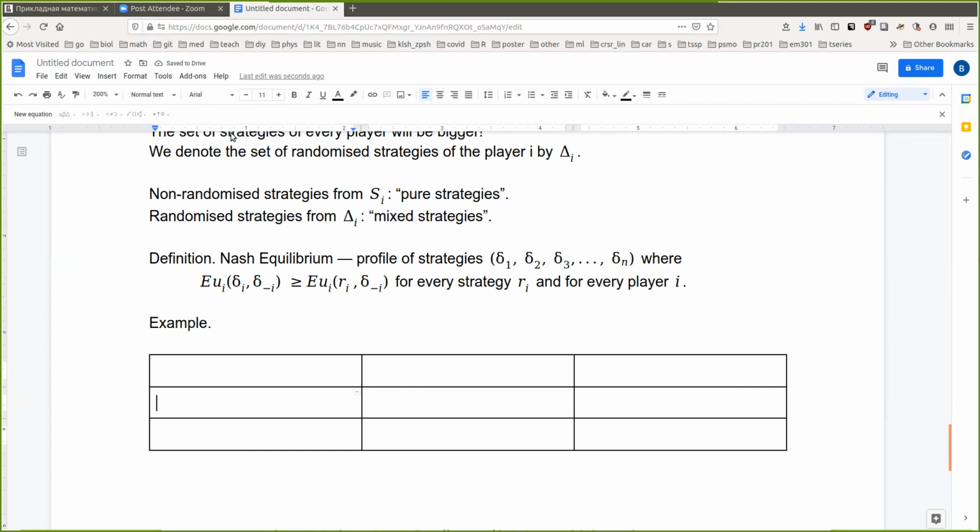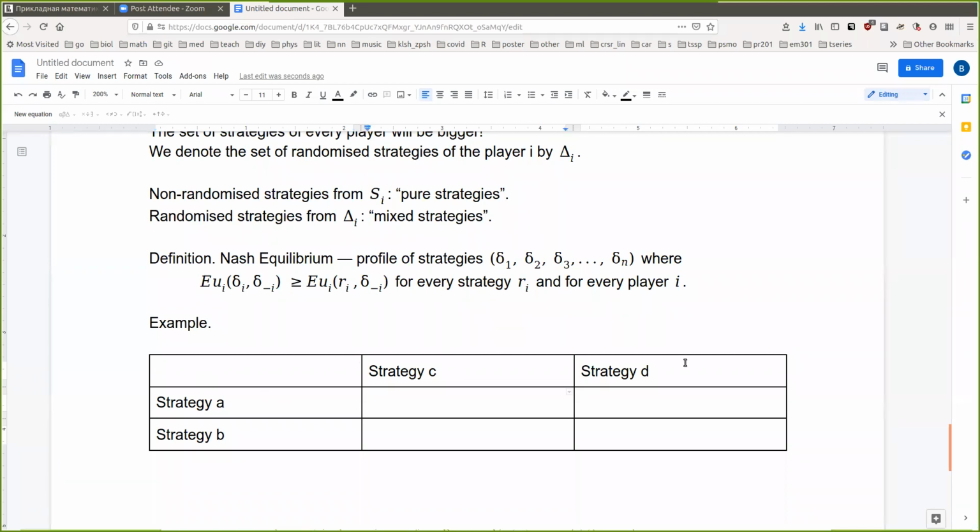Player A can choose strategy A or strategy B. The second player can choose between strategy C and strategy D. Normally we write the first player as the row player and the second player as the column player.